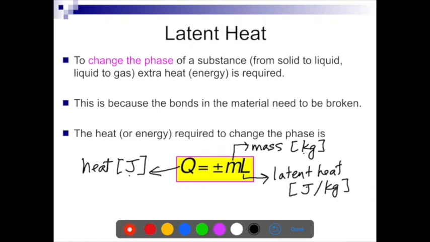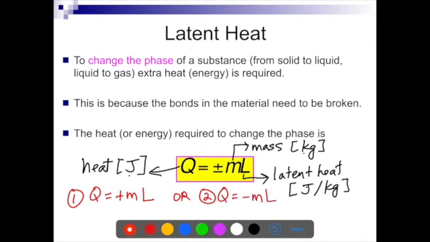Okay, now back to this plus minus sign in front of ml. That just means that you can write down this equation Q in two forms. It's either Q is equal to plus ml, or the second form, Q is equal to minus ml.